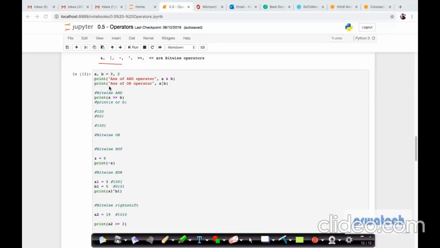Okay. A is 9 and B is 5. I'll take the same thing. I'm taking the example of this line, A1 and B1, 9 and 5. 9, I can say 1, 0, 0, 1, and 5 can be known as 0, 1, 0, 1.